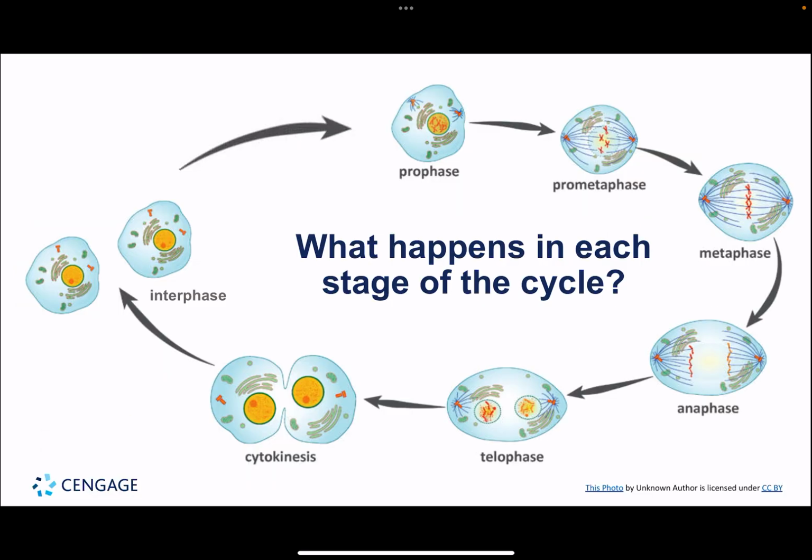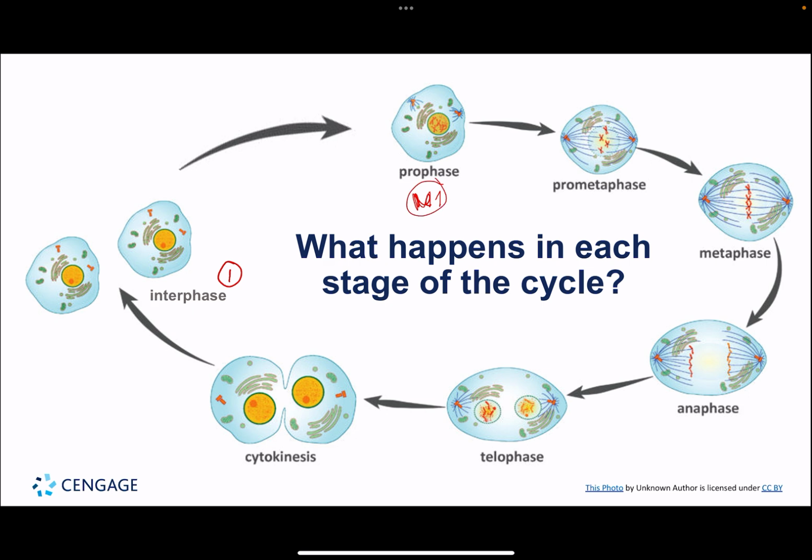Now, what do you think happens in each stage of the cycle? So here is the cell cycle basically. First, we have the interphase, and then the different stages of mitosis. The first stage in mitosis is the prophase. Let's write M1.